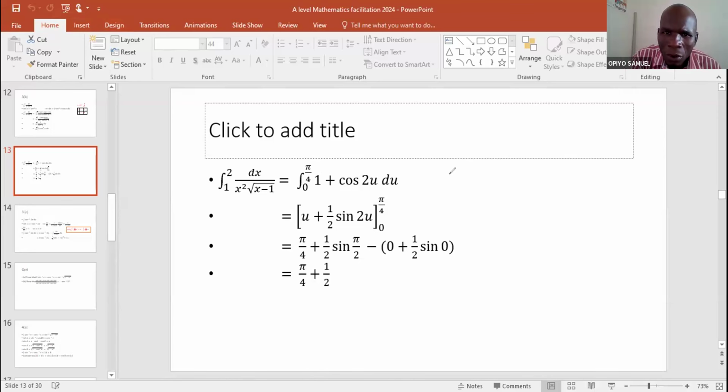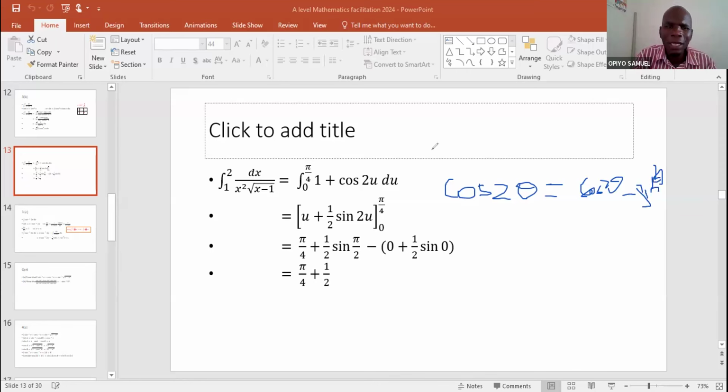We know that cos of 2 theta equals cos squared theta minus sine squared theta.